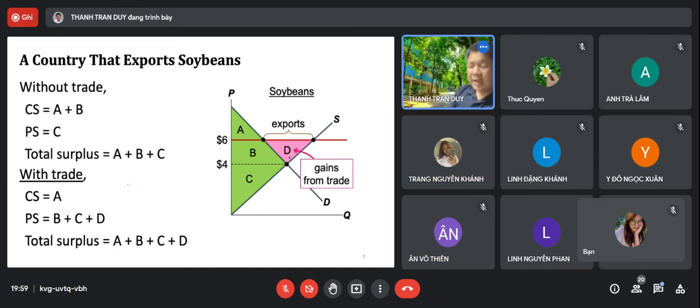This is the benefit for the country, even though consumers have some disadvantage, right? But look at the whole picture. We get additional D, right? So in this case, economists really support free trade. Okay, so consumers not happy, producers happy, government depends, right? But economists really support this one.